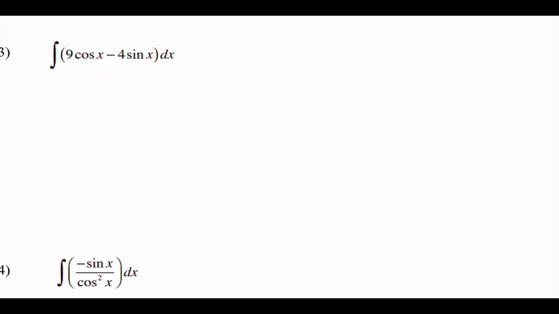Okay. So now I have to find the antiderivative of 9 cosine of x minus 4 sine of x. Well, this minus in here, I'm going to separate them. So now I have 2 smaller problems.